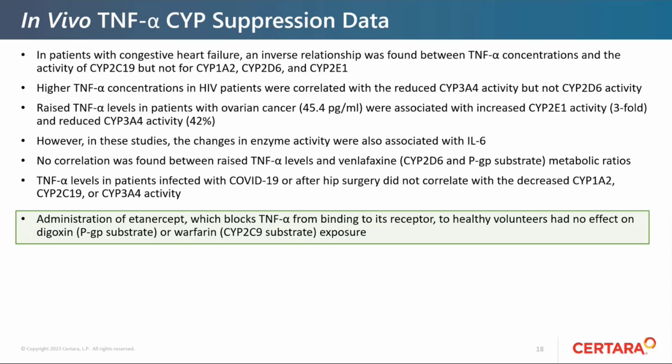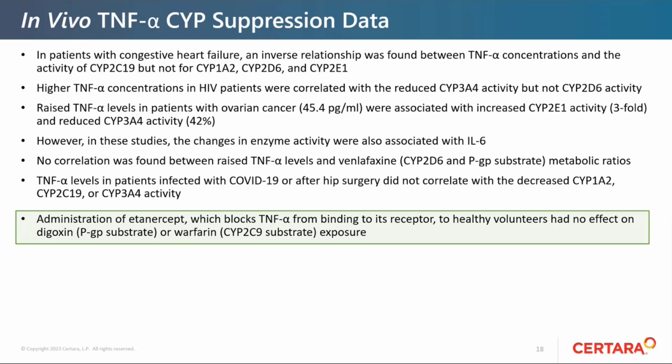And the green box here shows a study of therapeutic protein drug interactions using etanercept. Etanercept is a fusion protein that blocks TNF-alpha from binding to its receptor and therefore can remove the suppressive effect of raised TNF-alpha on CYPs.